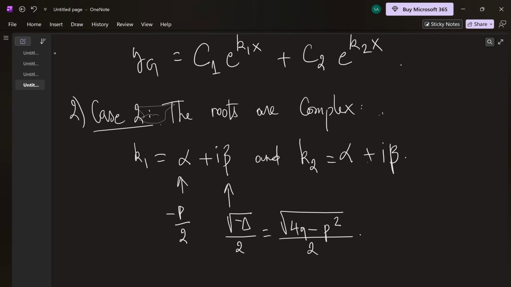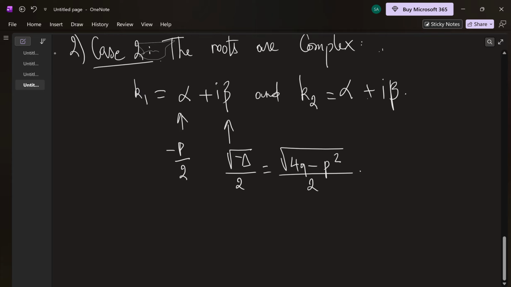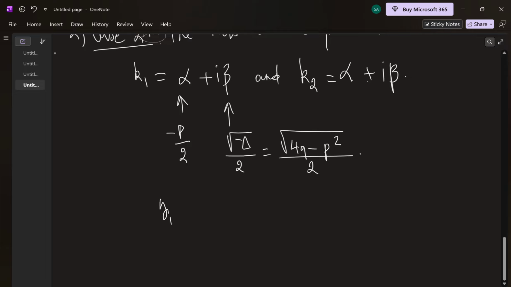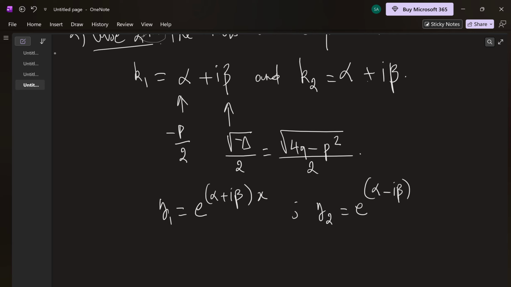Here the two solutions simply are y1 is equal to exponential alpha plus i beta times x, and y2 is equal to exponential alpha minus i beta times x.